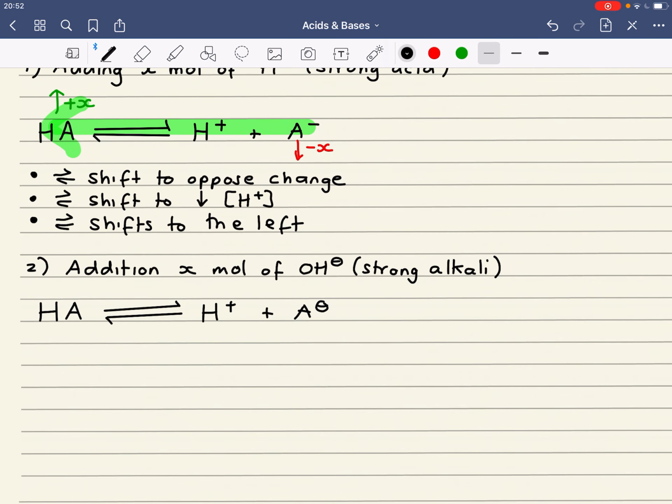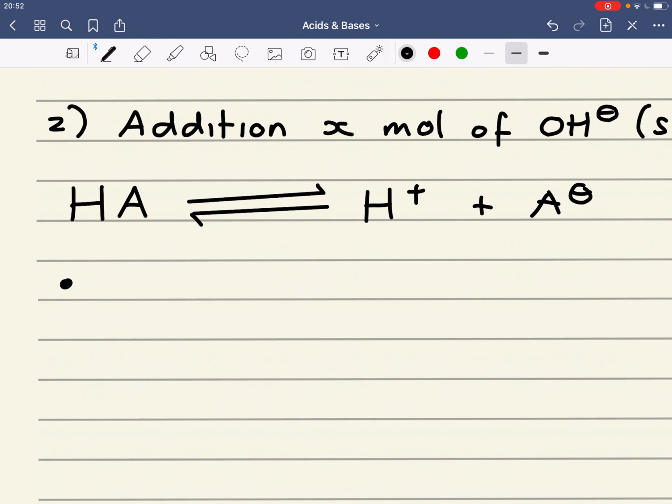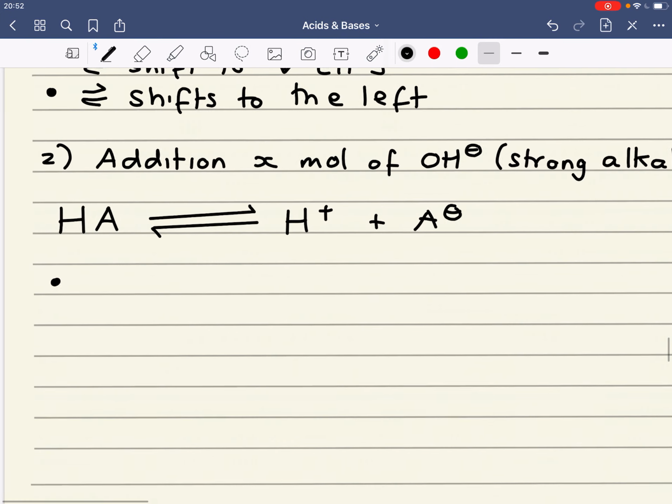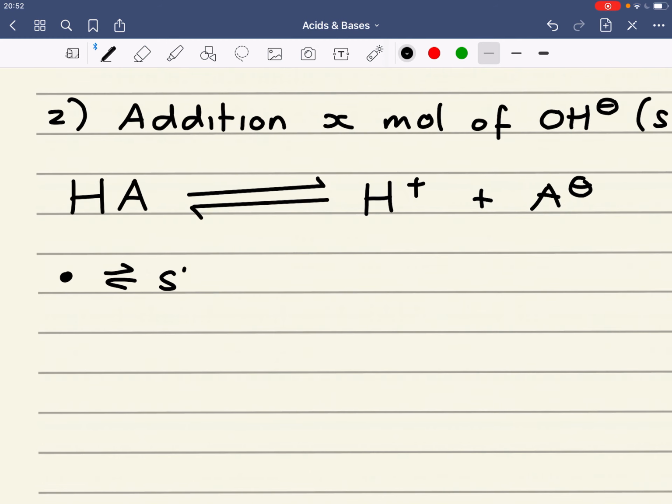And again, let's have a look in terms of Le Chatelier's principle. If I add hydroxide ions, again, what's going to happen? The equilibrium will shift to oppose the change.